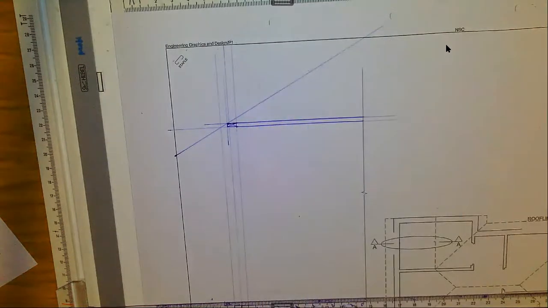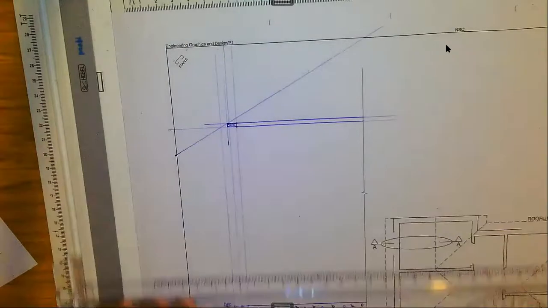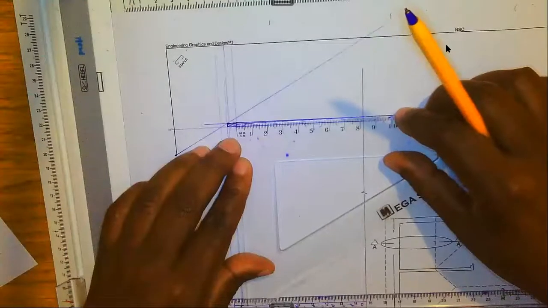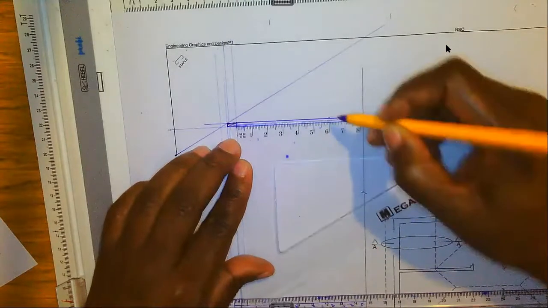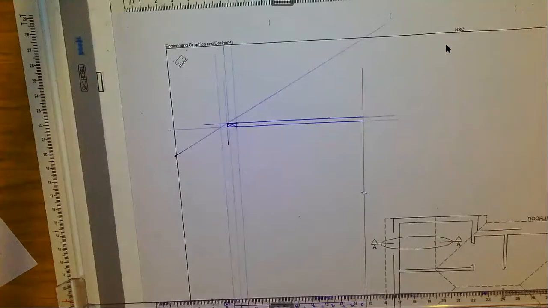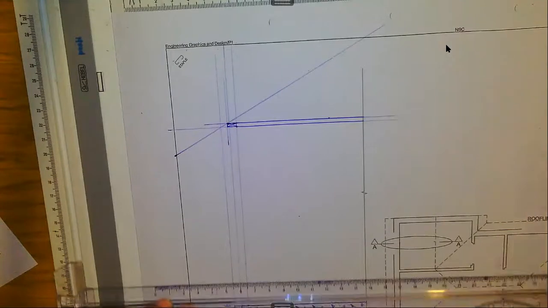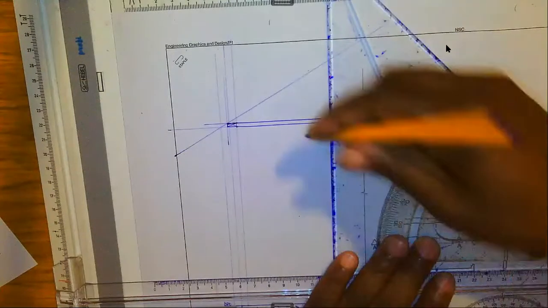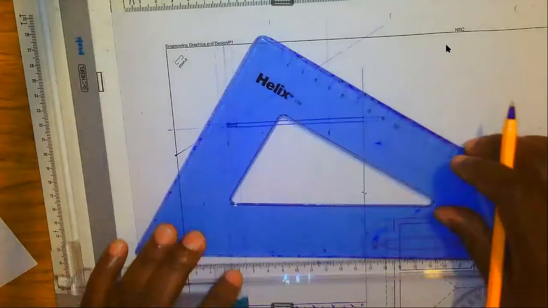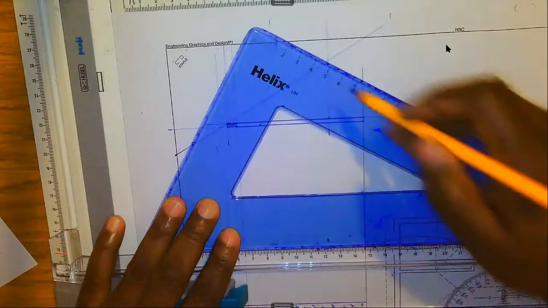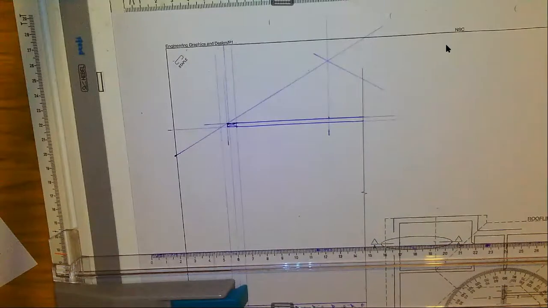So the 60, you can even measure from here to there. That's your 60. Then you draw a faint vertical line like that, then you turn like this. The pitch line is now going in the other direction.